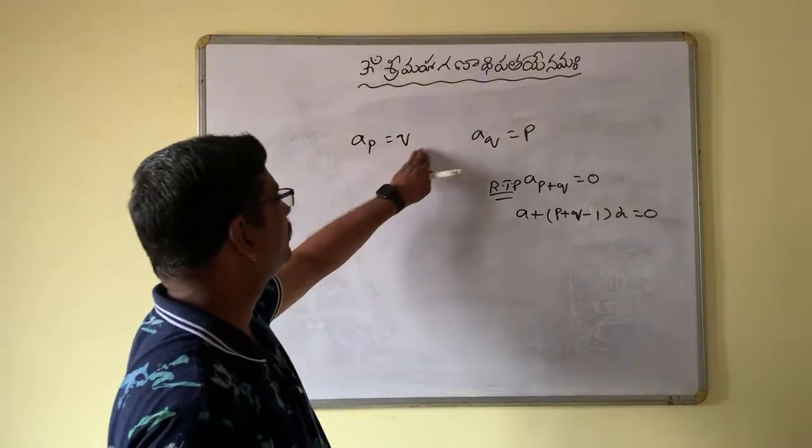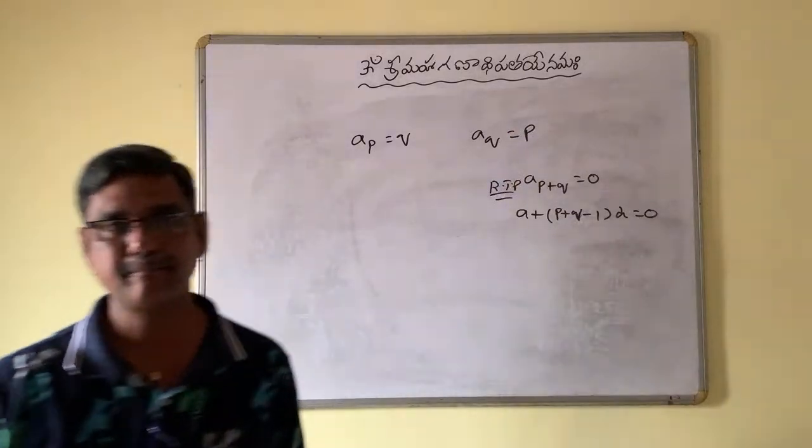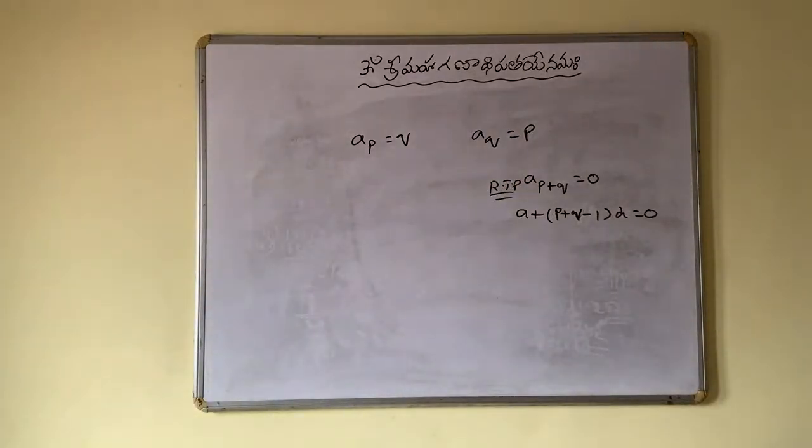The Pth term is Q, the Qth term is P. Did you understand the problem, children? I need answers. Okay.